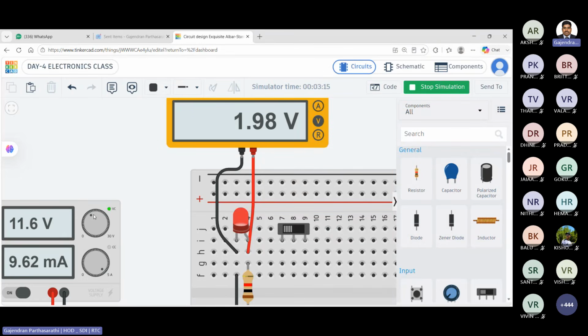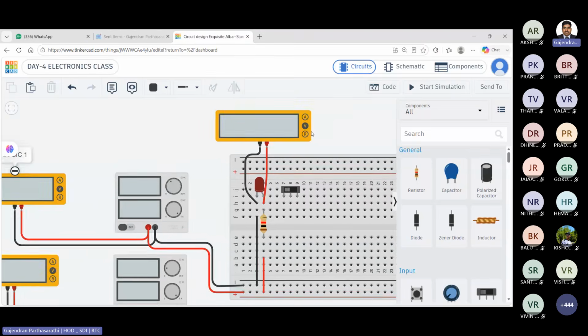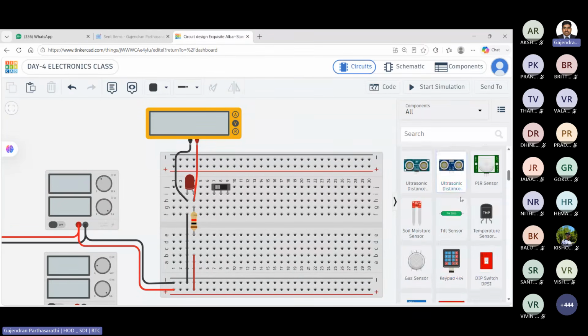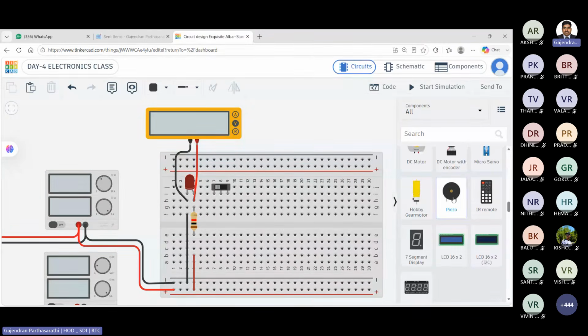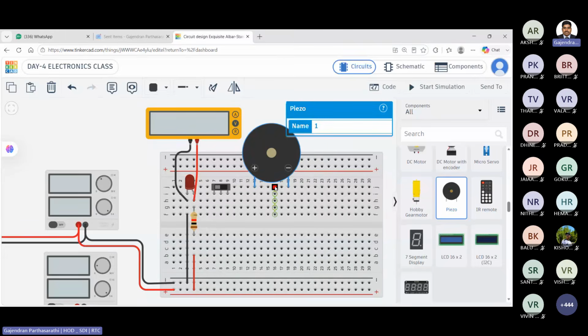If I want to make this concept more clear, I'm going to take one more fellow, that is our buzzer. This buzzer again has a negative terminal.